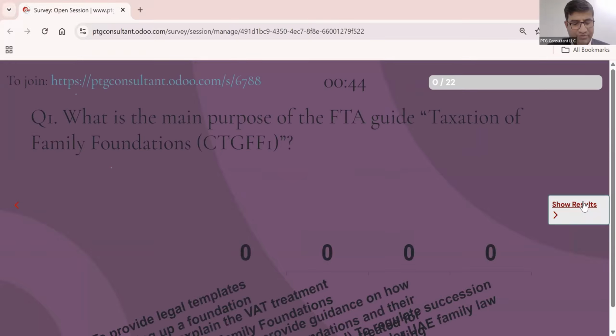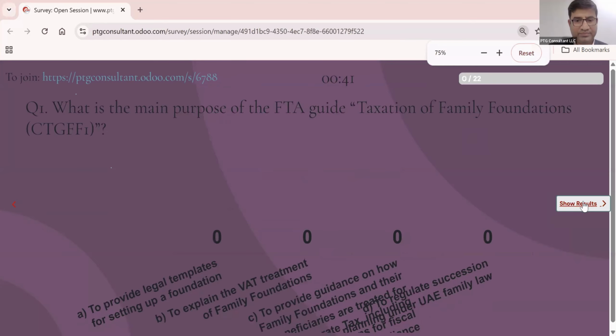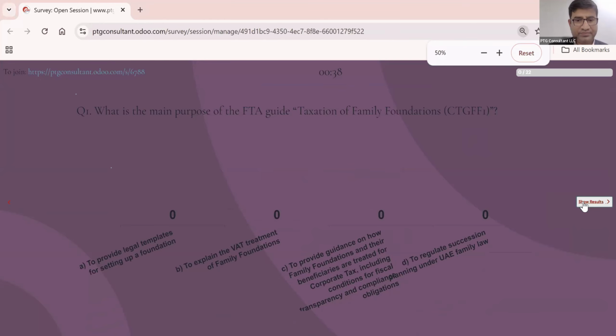So our first quiz will be: what is the main purpose of the FTA guide, taxation of family foundation?